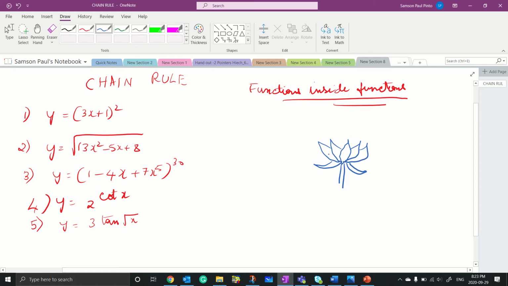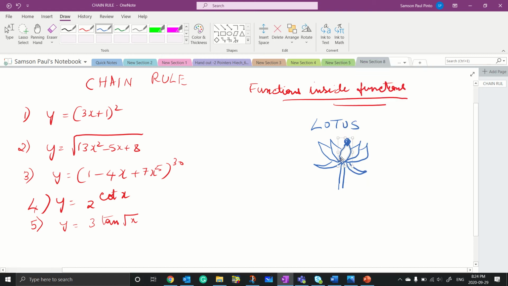Consider any flower which has a lot of petals. Let us say this is a lotus or a rose which has a lot of petals. Now imagine you want to get to the center of the rose, which is somewhat deep inside here.